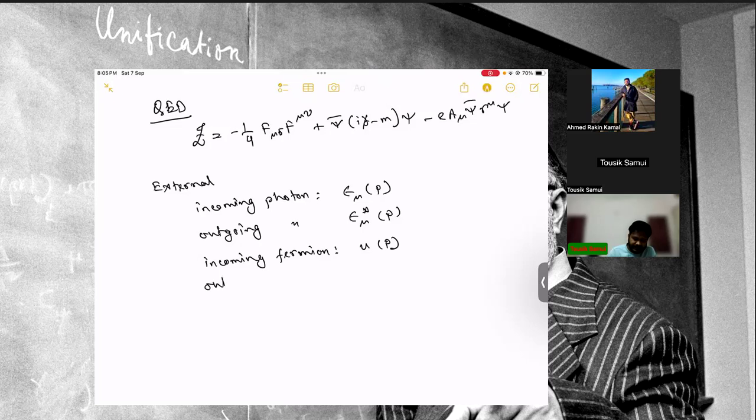And for an outgoing fermion, we have u bar.